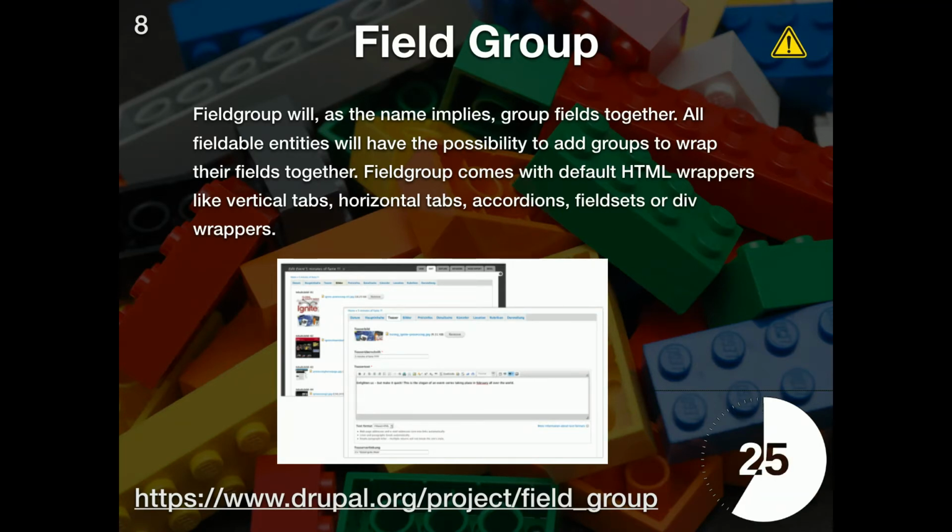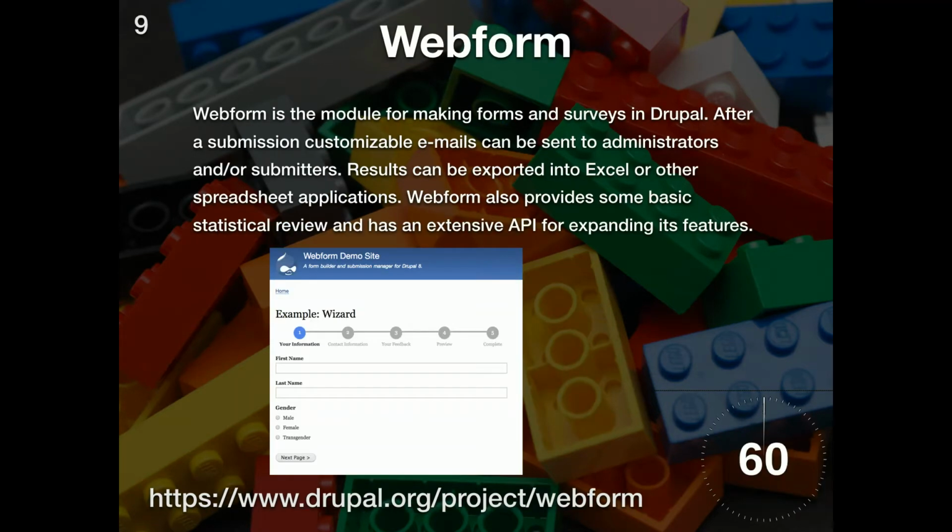Here it takes it a little bit further. You can define groups as horizontal or vertical tabs, so you can tab through different parts of the form, or you can define your own wrappers. You can do accordions, where you click one thing and it reveals the next thing. It's really nice for usability and simplifying forms for your users who are making content, instead of just having one big list of form fields.